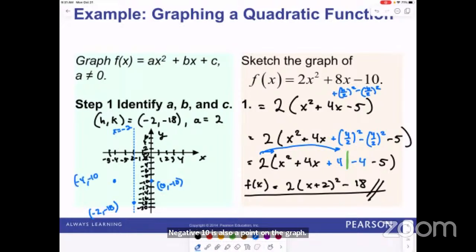Let's see if we can find the x-intercepts. Let me see. So if we set y equal to 0, 18 divided by 2 is 9. That's a 3, plus or minus 3. So then -2 plus or minus 3.